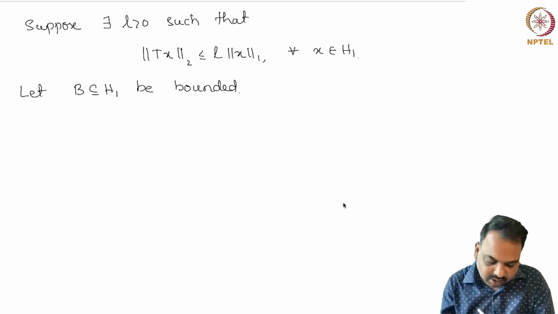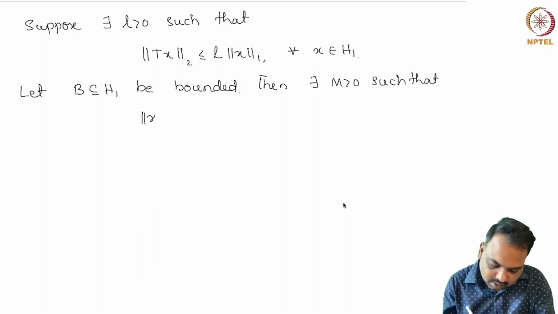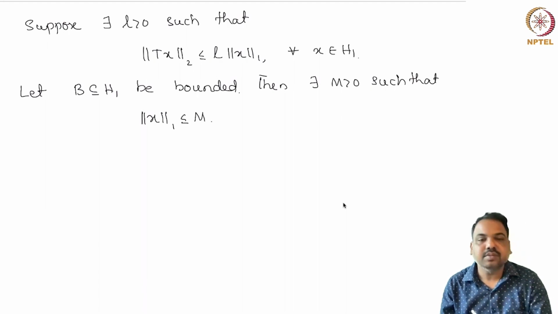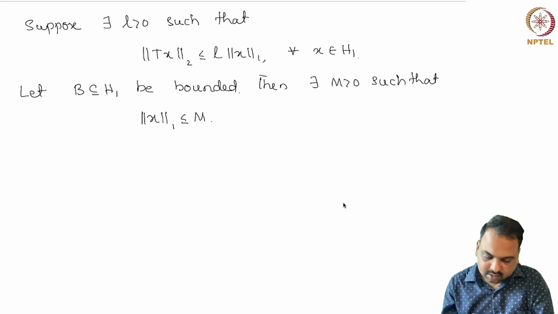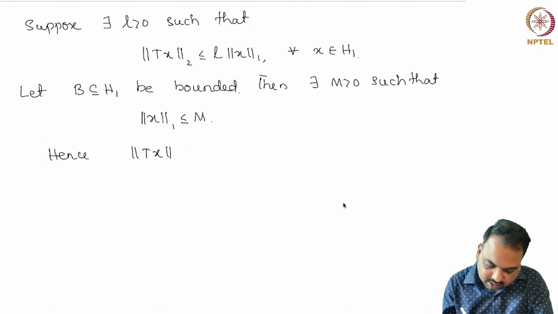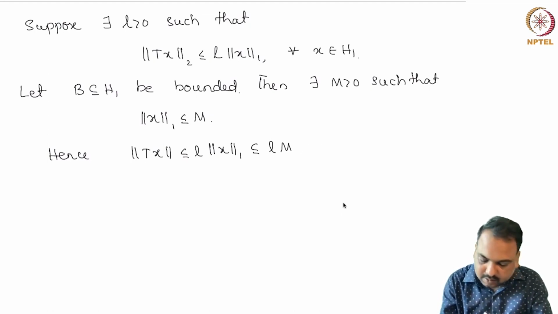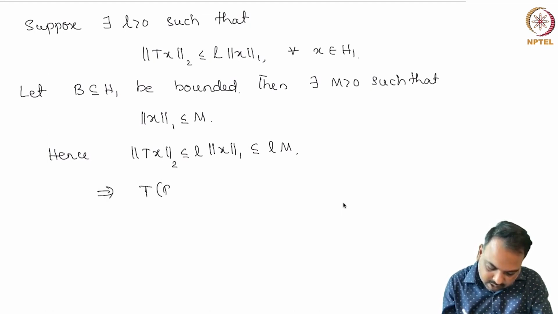Because B is bounded, there exists M such that norm of x is less than or equal to M. Now if you look at the image of x under T, by the above condition norm Tx is less than or equal to L times norm of x, but we know that this is less than or equal to L times M. So this implies that T of B is bounded.